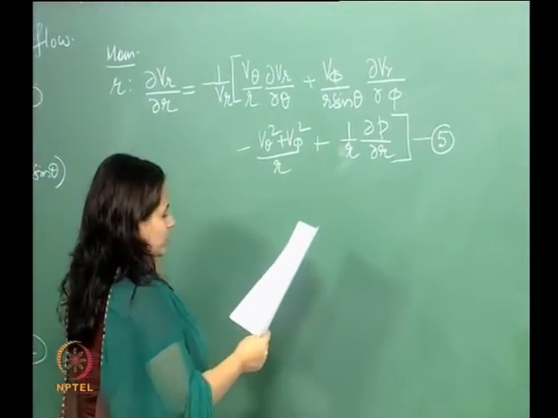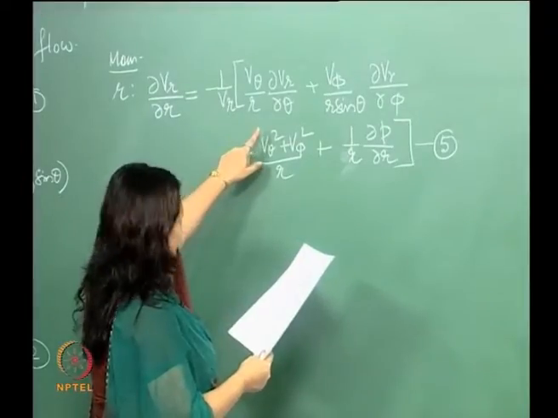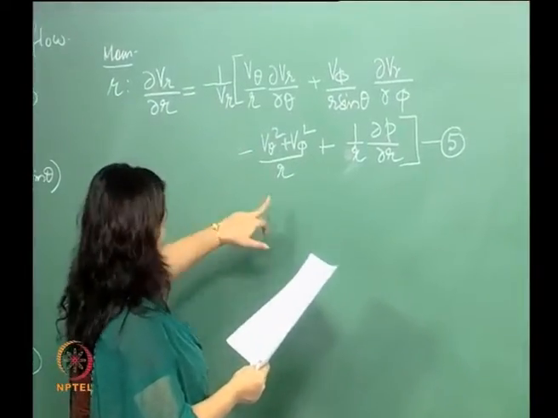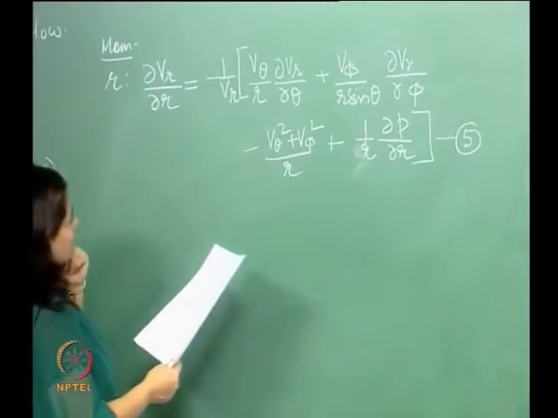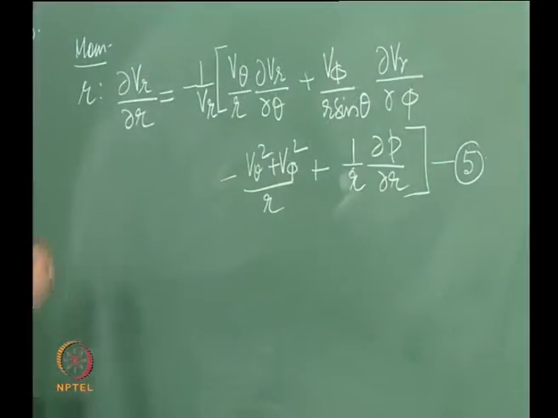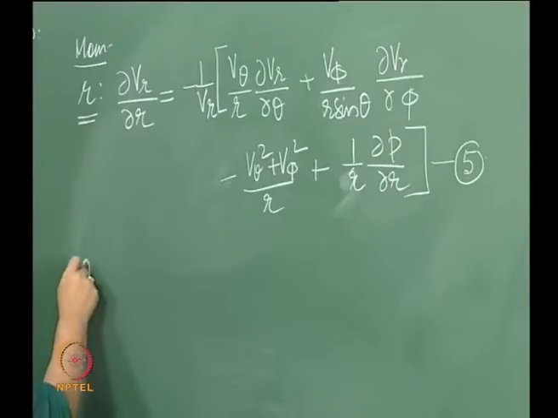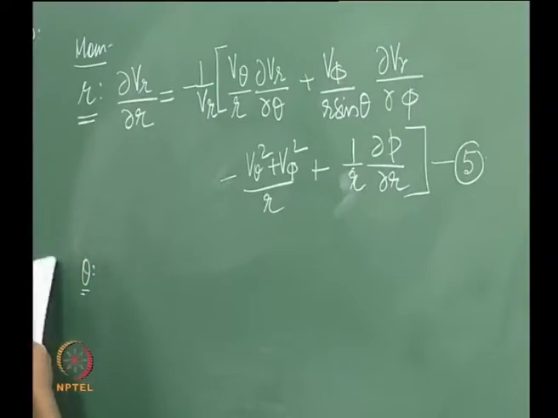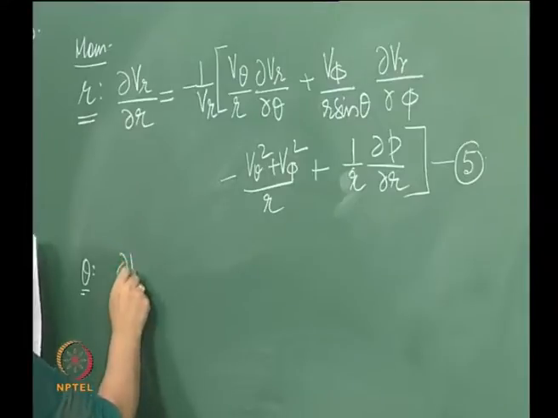I am going to just cross check that v theta by r, v phi by r sin theta, and yeah, looks okay. So, this is in the r direction. Then we have the theta direction, which looks like this.